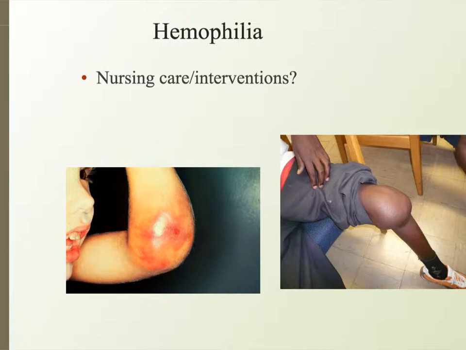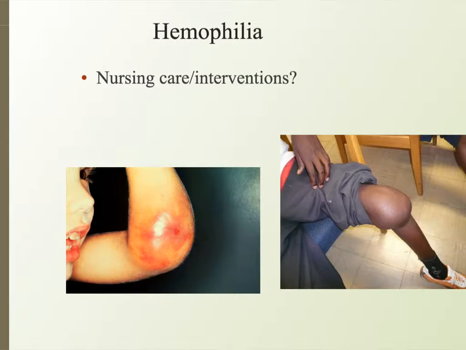We need to listen to those kids as well because they know when the bleeding is occurring. And so we need to get that factor replacement, the desmopressin or whatever the child has been prescribed, done quickly. Another thing we can do during that bleeding episode is to do RICE: rest, ice, compression, and elevate.